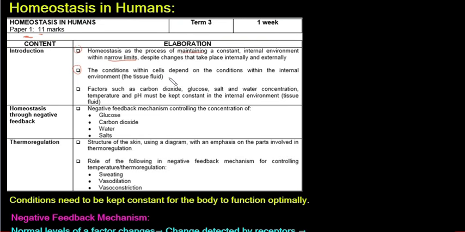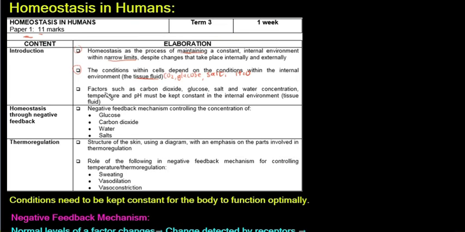Now, the conditions within cells depend on the conditions within the internal environment, such as the tissue fluid. In the tissue fluid, you'll get different concentrations of, for example, carbon dioxide, glucose, salt, and water. Because of that difference in the tissue fluid, that can trigger the process of homeostasis to try and maintain that constant internal environment.